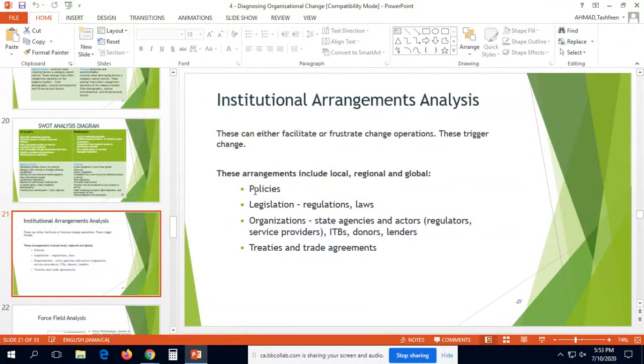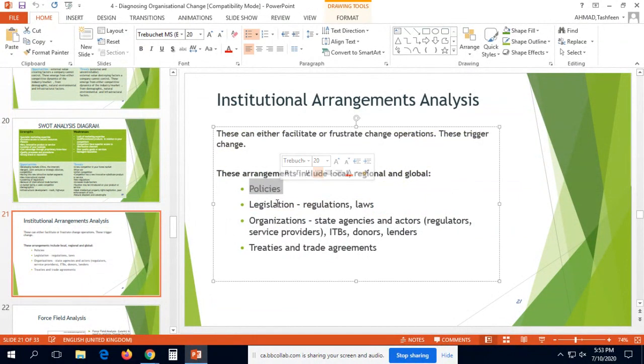Institutional analysis: policies, practices, the overall regulation system, laws, what you can do, what you cannot do. All of those things are going to impact the situation. So let's say the time duration for the midterm or final exam. Am I deciding it? No, I'm not deciding it.